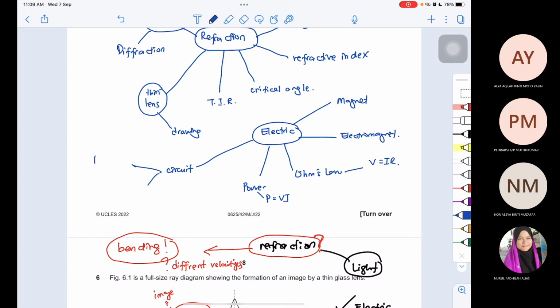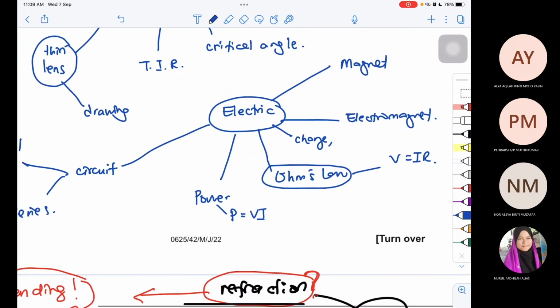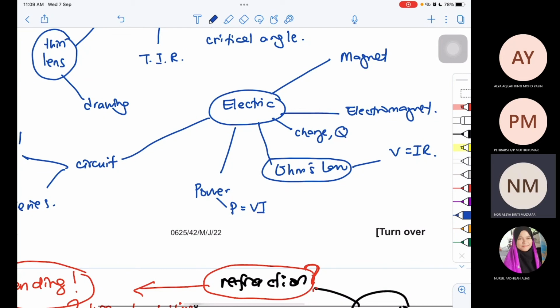Circuit ada parallel and series circuit. Okay, tapi sebelum tu lagi, sebelum Ohm's law, you kena tahu tentang charge. What's the symbol of charge? Siapa yang join tadi? Awal-awal tadi? Q. Okay.